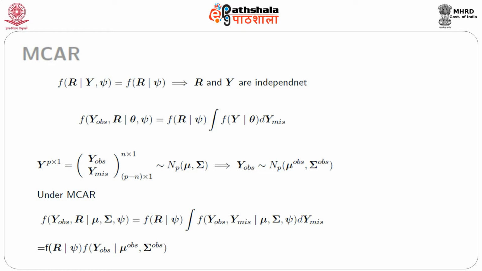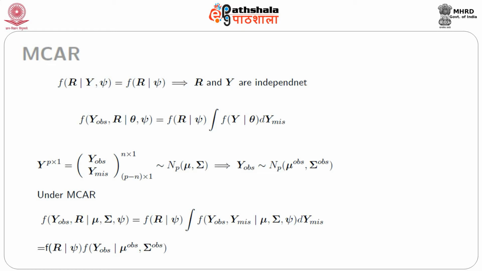So if the entire y follows a p dimensional multivariate normal, then the y observed follows an n dimensional multivariate normal with mu observed and sigma observed, where mu observed and sigma observed are appropriate submatrices of mu and sigma. So under MCAR what happens?